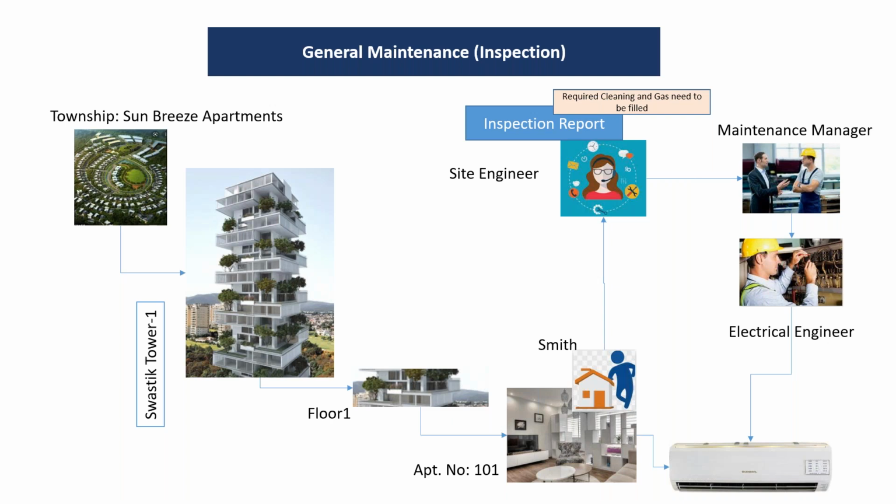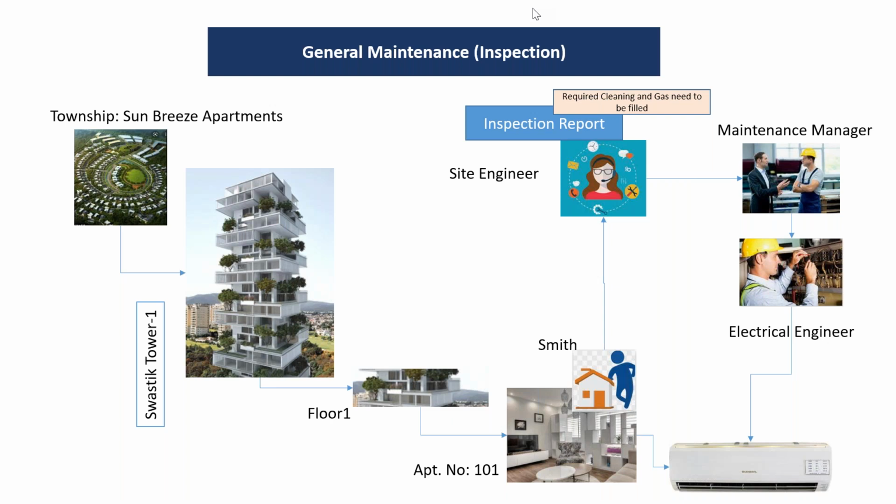Smith, the tenant, checked his AC and came to know that some cleaning is required and gas needs to be filled because it's not giving cooling. From a knowledge perspective, Smith doesn't know anything.